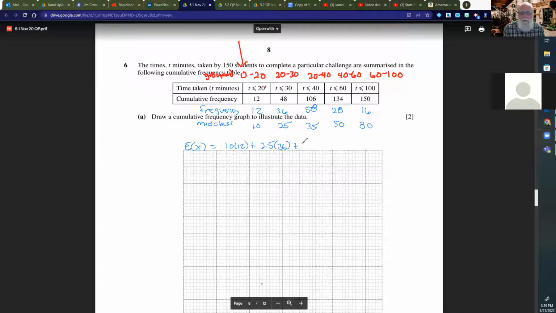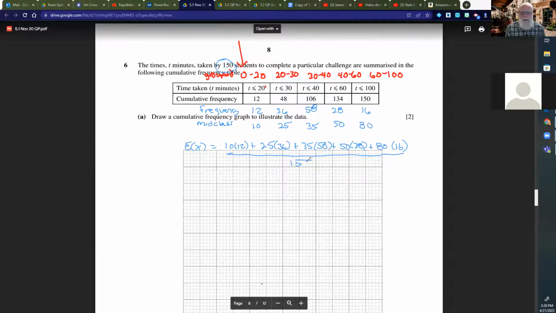And then I've got 50, but I got 28 of them. And then I've got 80, but I've got 16 of them, right? Yeah. Now, that's me adding up all the numbers. But then what do I have to divide by? 150. Because that's the total number of numbers, right?